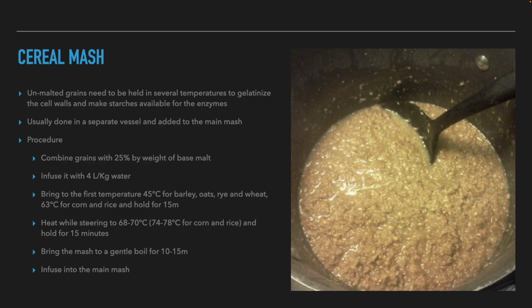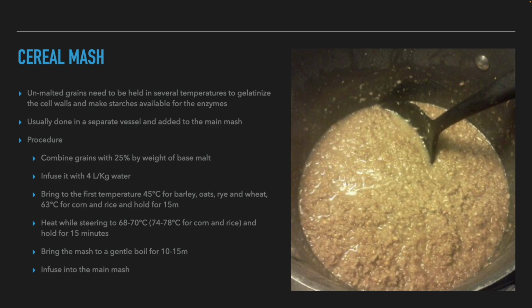Next, heat the cereal mash while stirring to 68 to 70 degrees Celsius, or 74 to 78 degrees for corn and rice, and hold for an additional 15 minutes. After this rest, bring the mash to a gentle boil for 10 to 15 minutes. Then, add the cereal mash to the main mash.